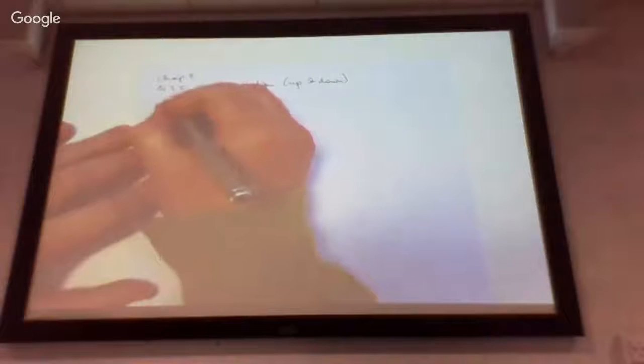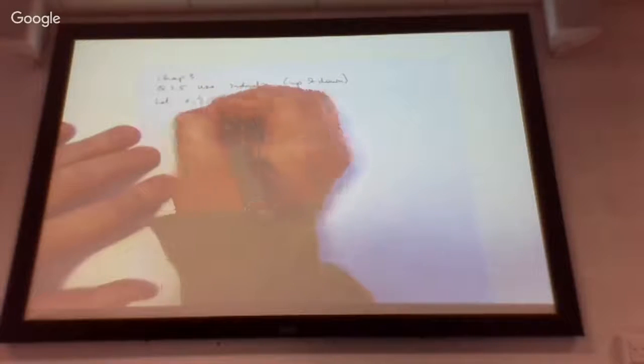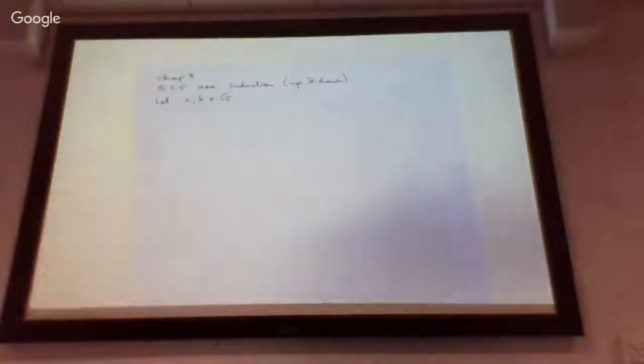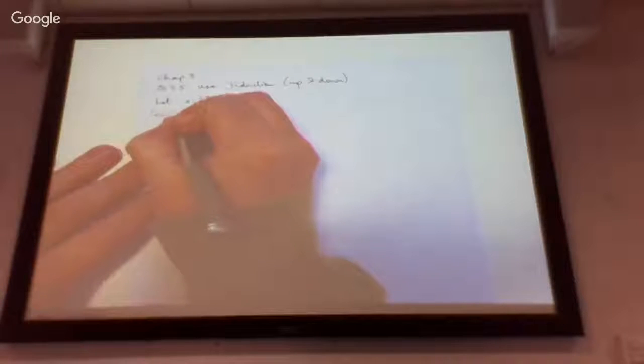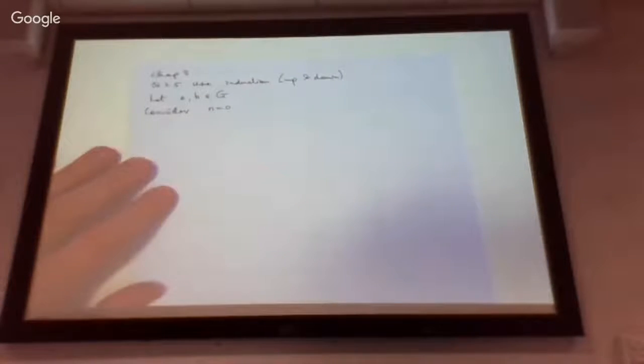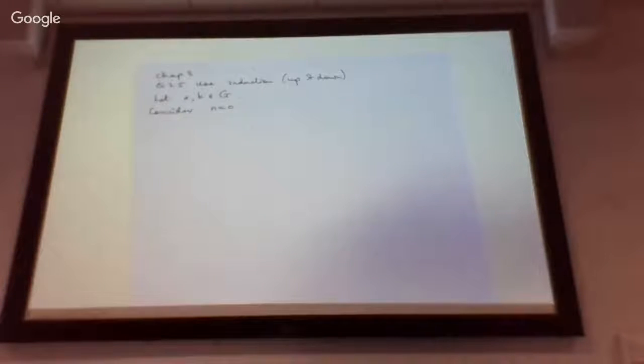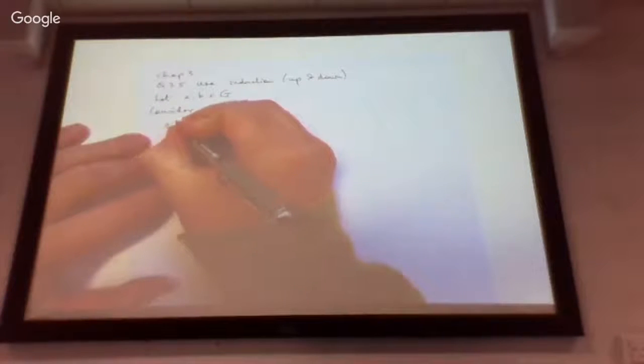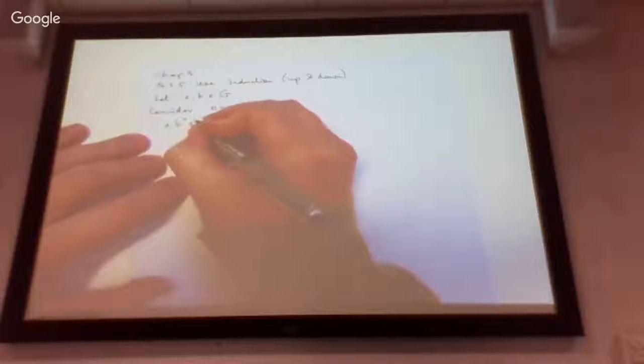So we're letting A, B be elements of a group G. I won't say G is a group, it's understood in a group theory unit that whenever we write capital G, we're talking about a group. But it's general, there's no other conditions. So the base case I'll look at is n equals 0. So that we've got this equation to do. The thing on the left-hand side is A B to the power 0 A inverse.